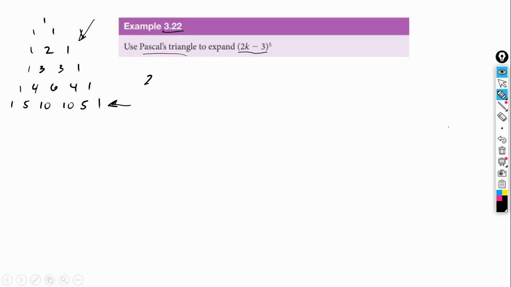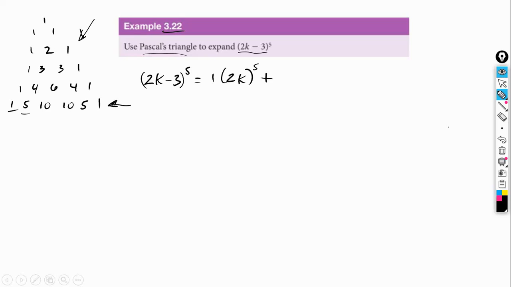This would be 2k minus 3 to the 5. So what we do is that we write the first coefficient, which is 1. And remember that we start with the first term, which is 2k, the term to the left. So 2k is going to be to the power of 5. Negative 3 is going to be to the power of 0, so we don't write that. Then we go plus the next coefficient.